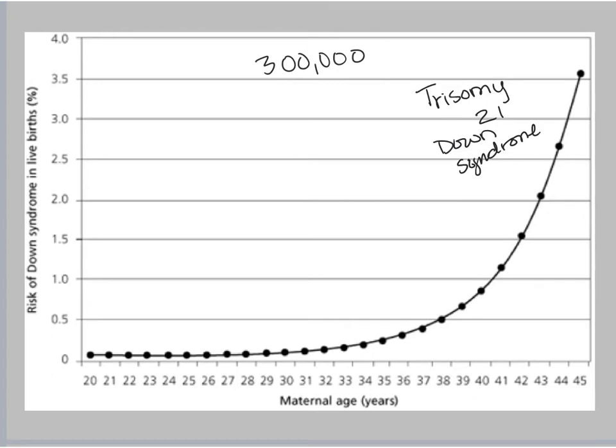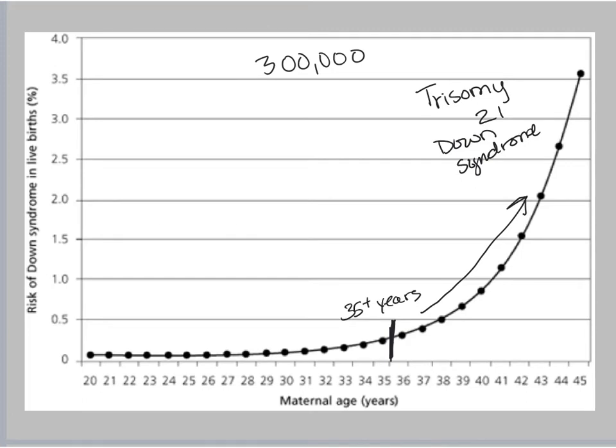And it's thought, at least in part, that one of the reasons we see cases of Down syndrome increase around the age of 35 is that eggs by that time are 35 plus years old. And the cellular machinery that's responsible for separating chromosomes equally sometimes fails, especially as women continue to age.